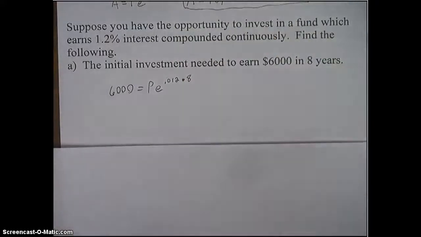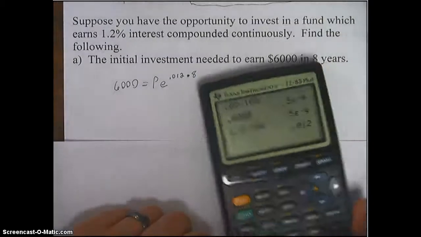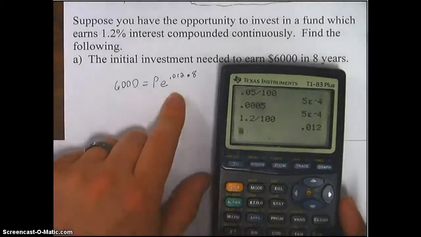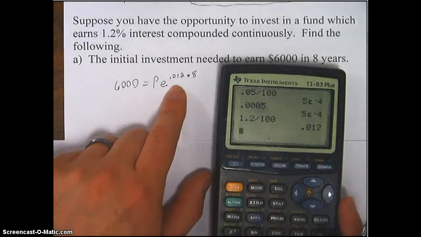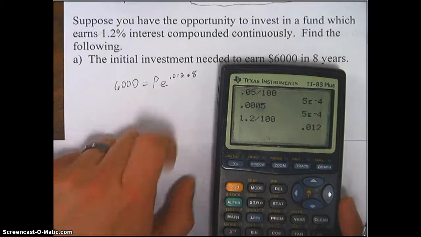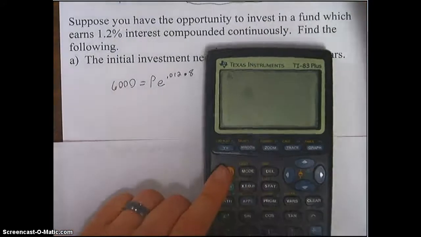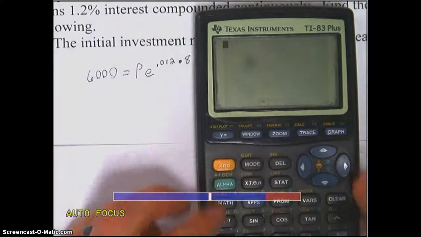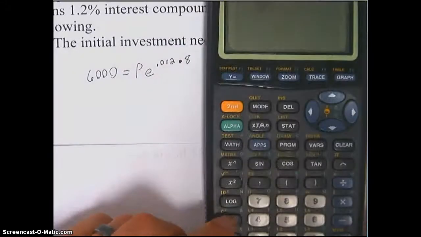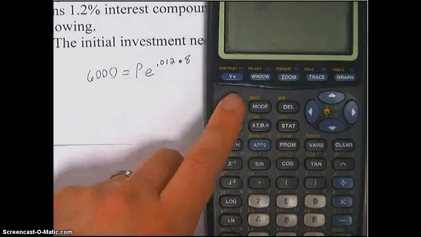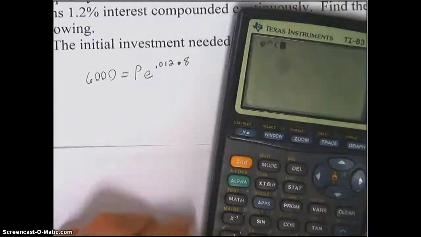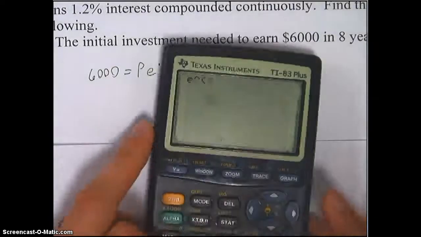So I need to solve for P here, and this is pretty simple if you just consider that we can type this into the calculator, e to the power of 0.012 times 8. I'm going to zoom in a little bit so you can see it really clearly. My e button is right above the natural log, so if you do second natural log, you can pull up the e to the power of whatever you want.